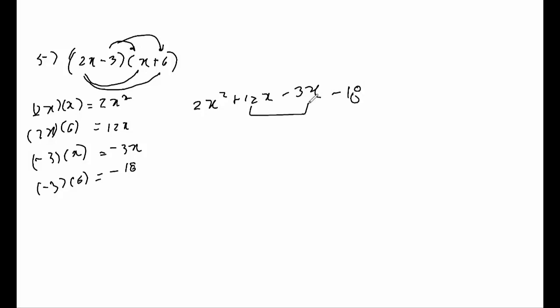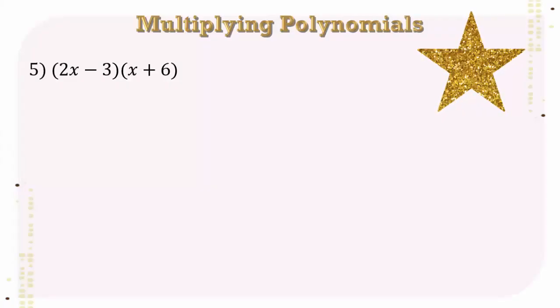Combining the like terms, that gives us 9x minus 18 here, and then plus 2x squared, and that's our final answer. So we just found when we multiplied these two binomials on the whiteboard, we got 2x squared plus 9x minus 18.